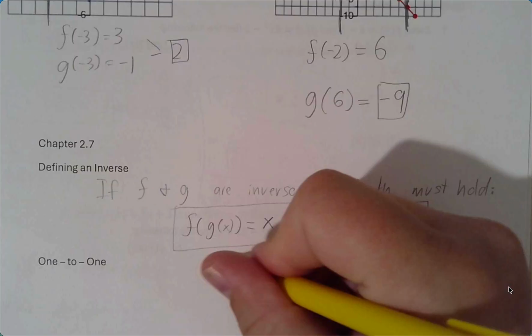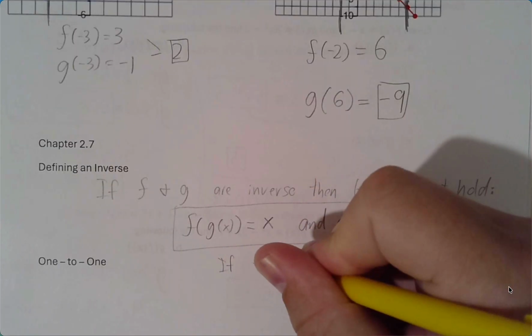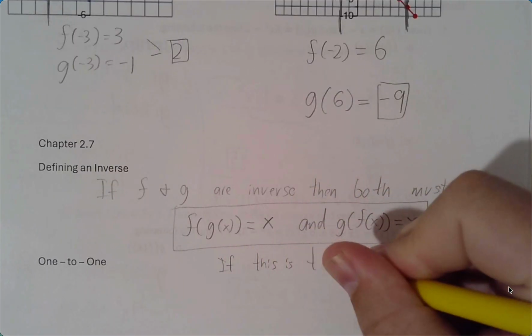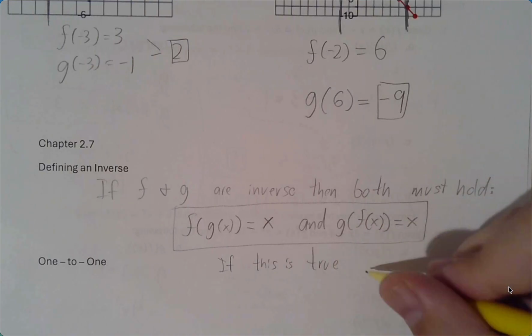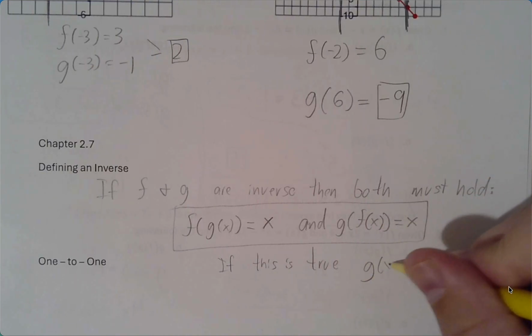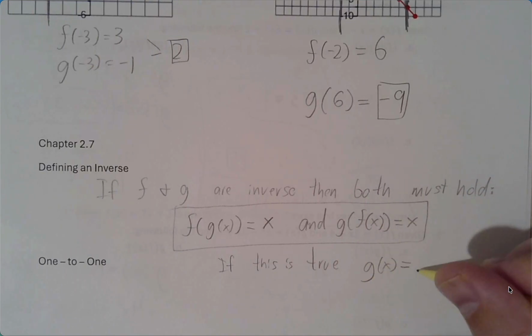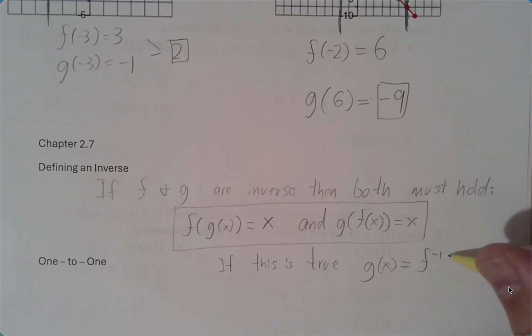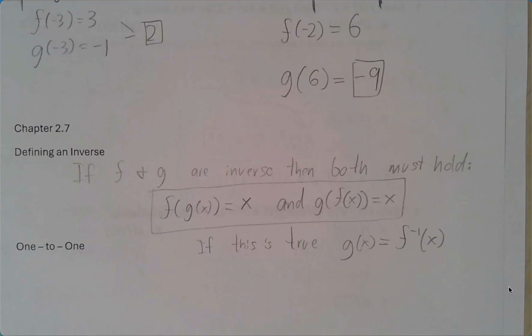And now we're saying if this is true, catch this, we're going to get a new symbol here. g of x is equal to f inverse of x is how we write it.